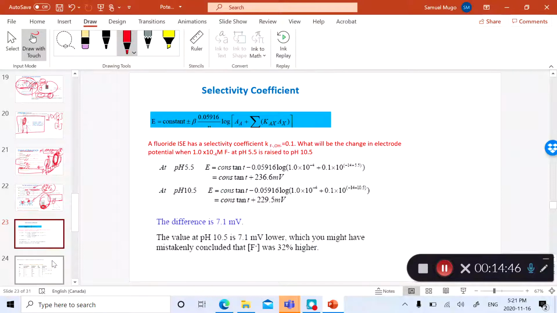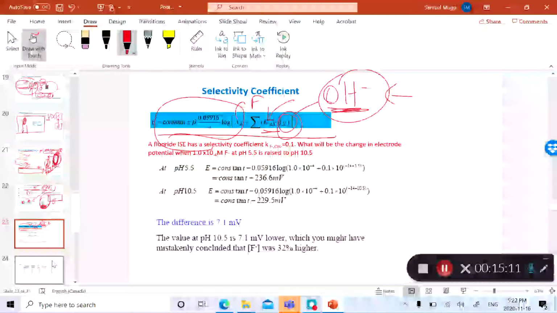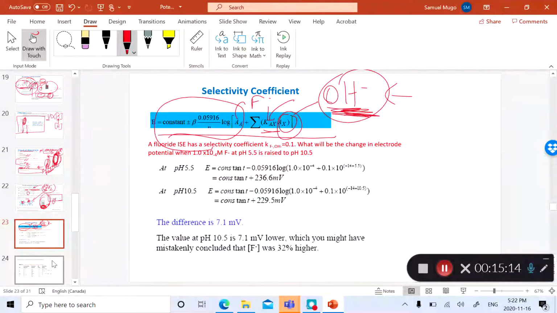For example, I've shown you this before, that is a Nernst equation, and this would be the activity of fluoride. But we've already said, this is the selectivity coefficient, and this is the concentration of the hydroxide or the interfering species, okay? Which in this case will be hydroxide because, like I said, the fluoride crystals tend to interfere with the hydroxide as well.